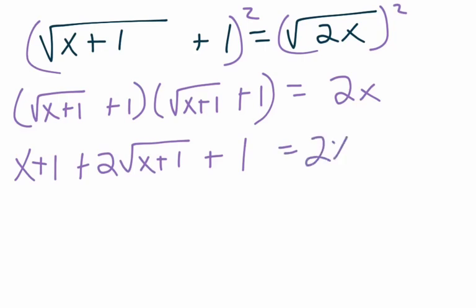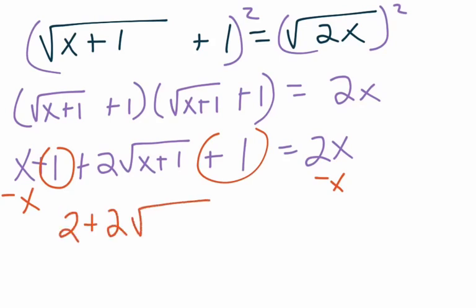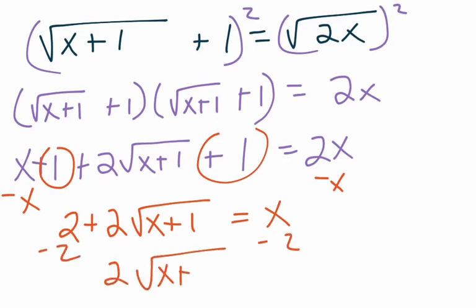And then you notice that there's still a square root in it. So I'm going to subtract x from both sides, and then I'm going to do 1 plus 1 and get 2. So I'm going to have 2 plus 2, and then that's just an x, and then we subtract 2, and I think you get the feel of, oh, crud. And then we'd have to start the process over again.